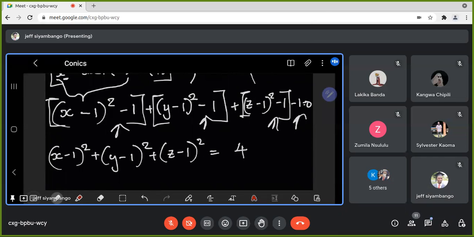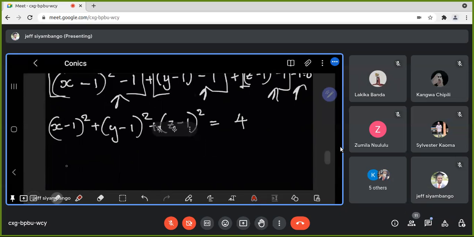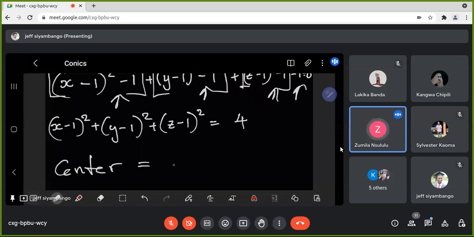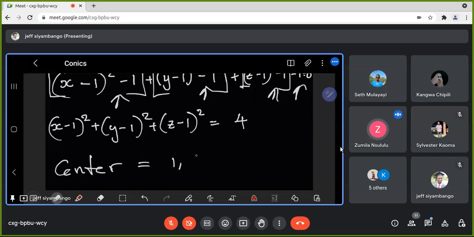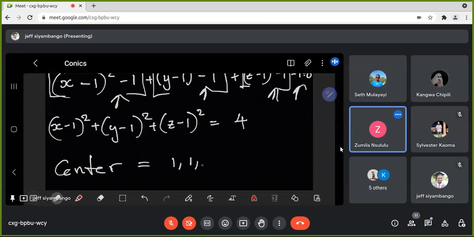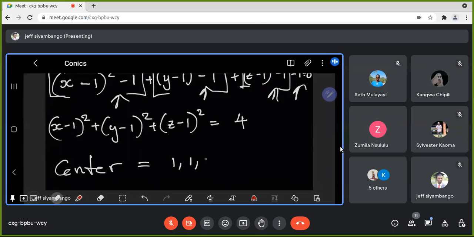Now I'll ask you, what is the center of this sphere? What is the center here? 1, 1, 1. Yeah.